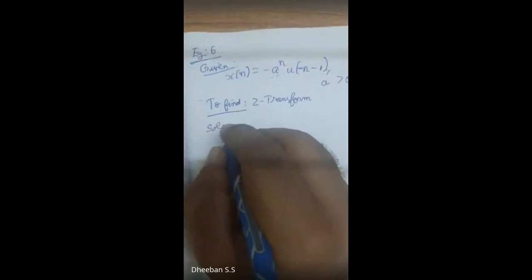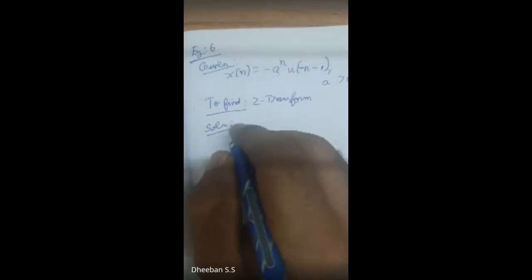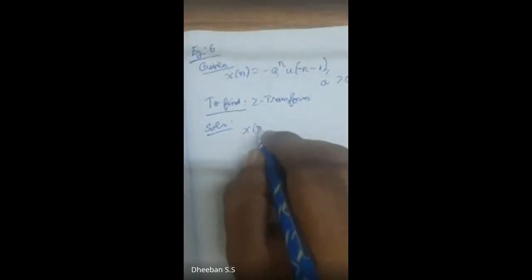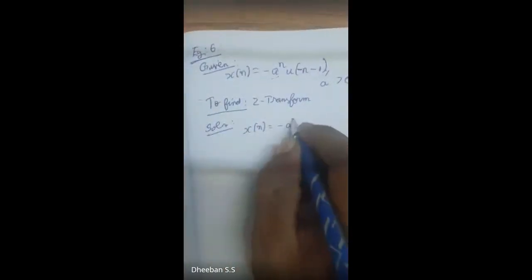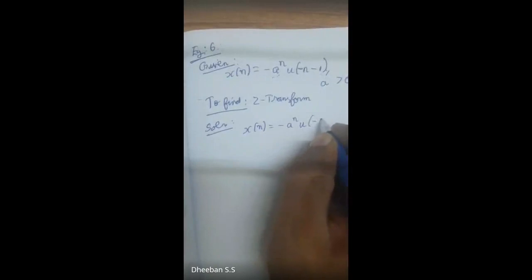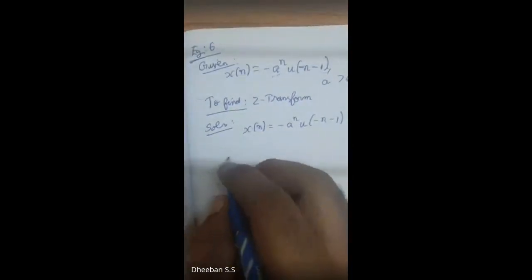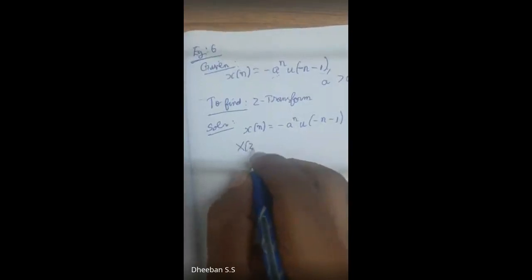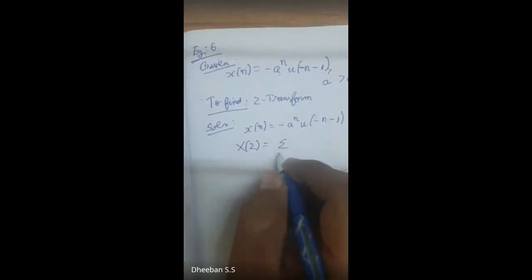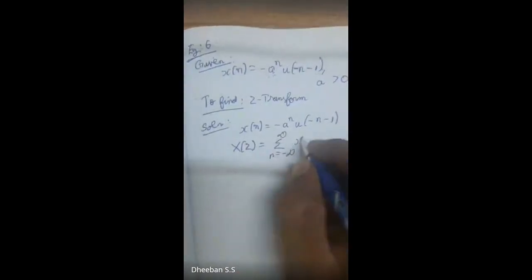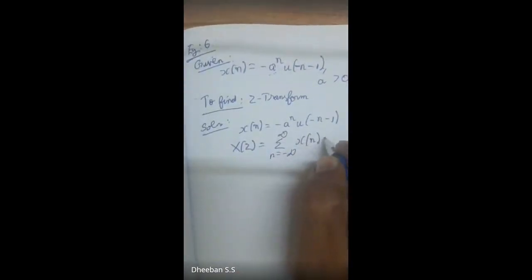Solution. First write the signal x of n equal to minus a power n u of minus n minus 1. Next, write the Z transform formula: X of z is equal to summation n equal to minus infinity to infinity x of n z power minus n.